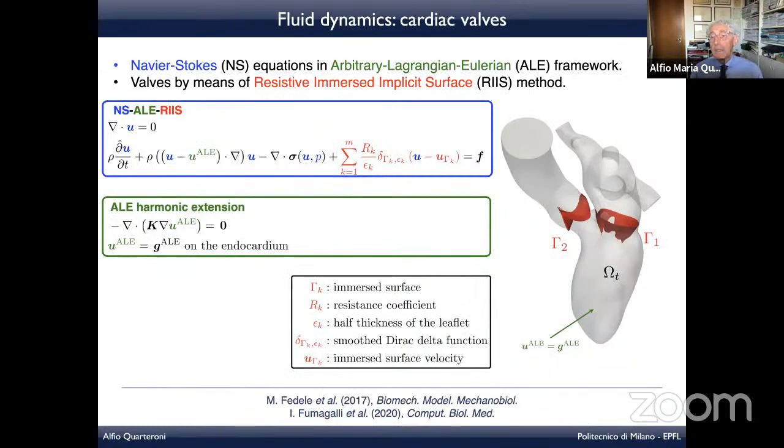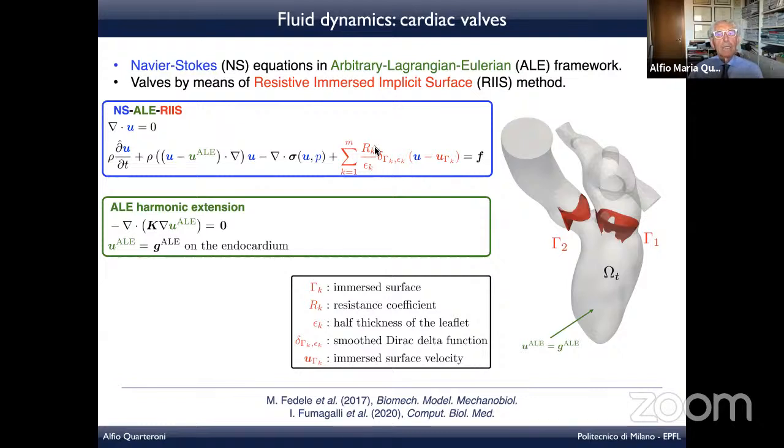We have the valves, and this requires an extra type of modeling. And here, there are plenty of possible models that you can employ. You can go from the simplest one to the most complex ones. The most complex ones are those that treat the valves as 3-dimensional objects. So we need nonlinear mechanical models for them.